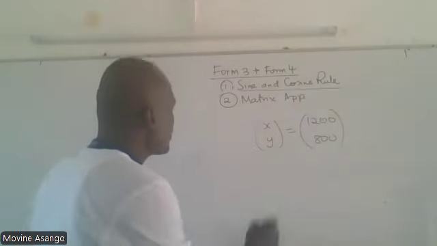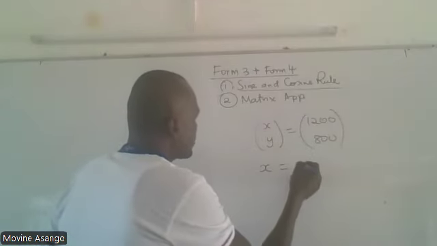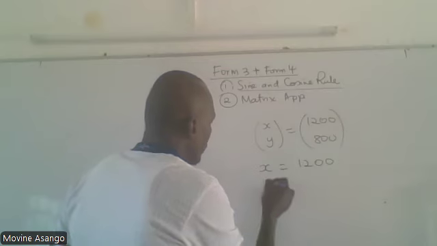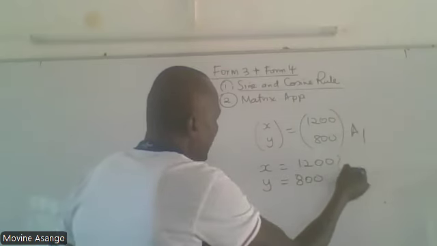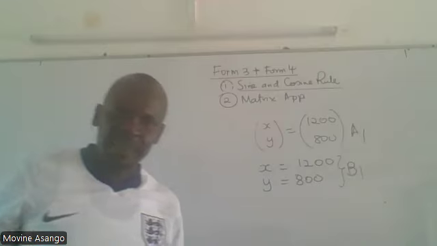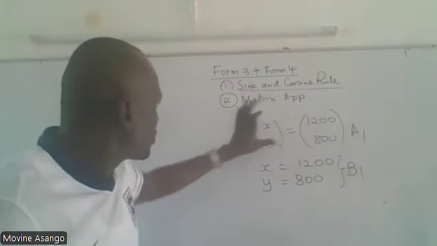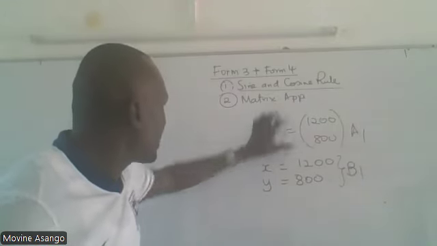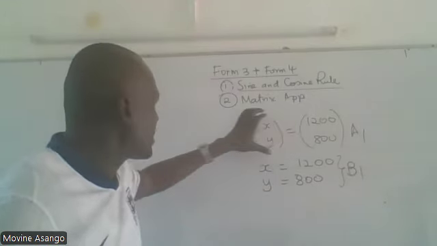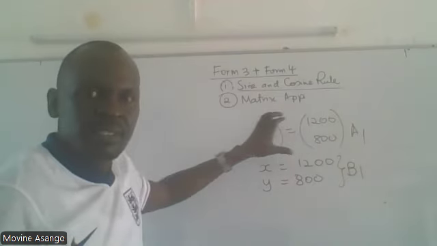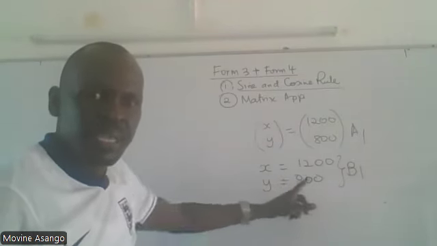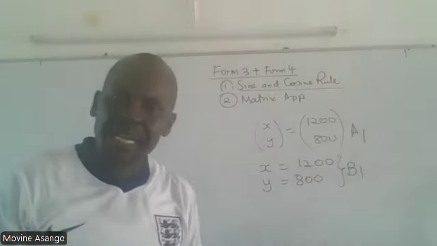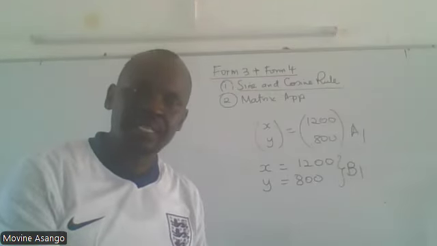The final stage means go and say therefore x is equal to, y is equal to. This one could be A1, but having this one could be the B1. In other words, you must show that now you have found x. Here, you have not found x. This is a matrix, this is an equal matrix. But here, you have now found what x is and what y is. You must come down and say what x is and what y is.